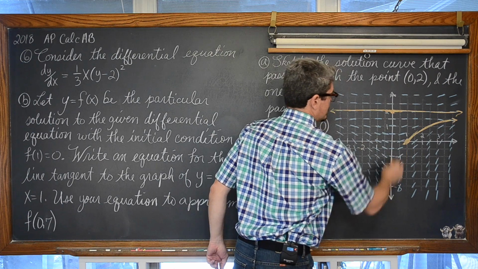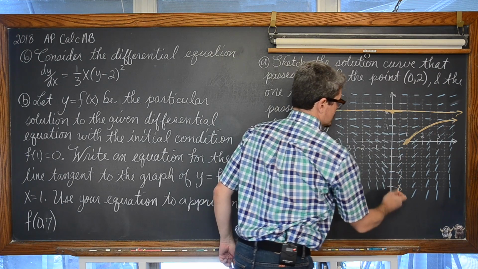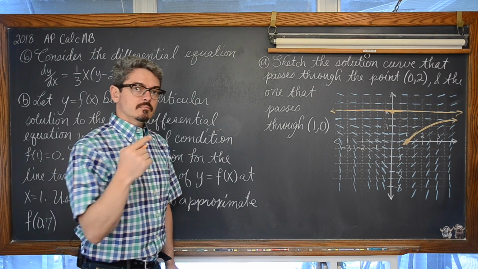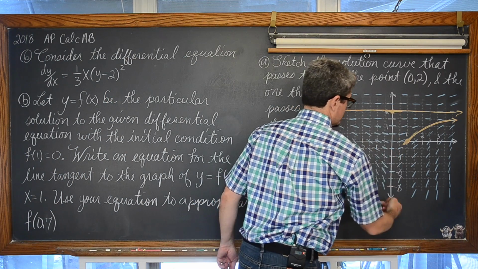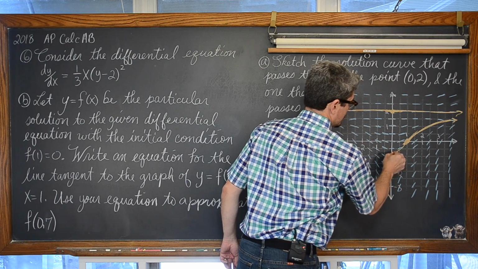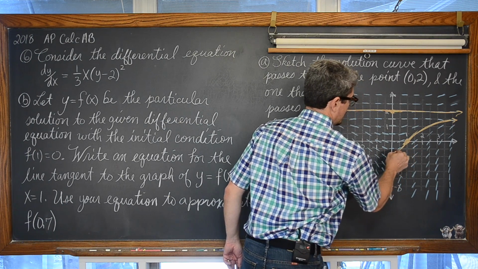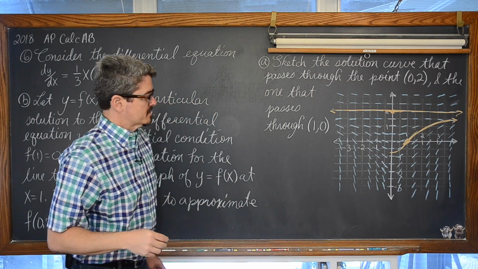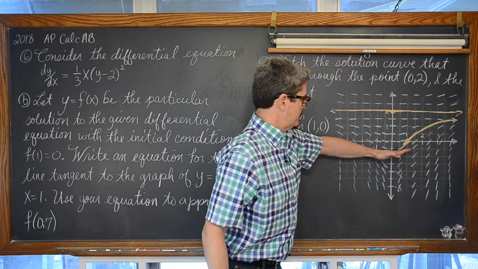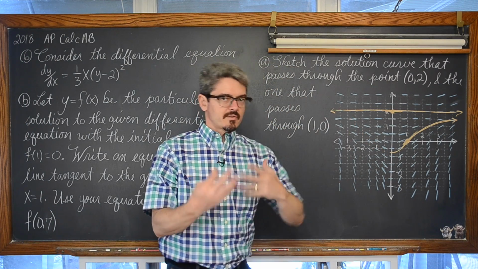As we cross through the x value of 0, all of these slopes, regardless of what the y coordinate is, are 0, or these are all horizontal tick marks. So we're going to come through this point and level off and come through horizontally through the y-axis where x is equal to 0. And as we come to the other side, now I'm drawing this from right to left, which isn't really how the flow of the graph works.